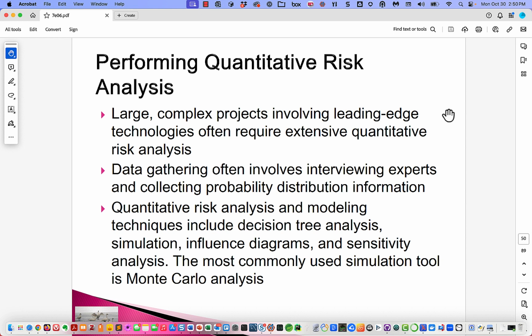Quantitative risk analysis and modeling techniques include decision tree analysis, digital simulation, influence diagrams, and sensitivity analysis. The most commonly used digital simulation tool is Monte Carlo analysis, and we talk about that in the textbook.